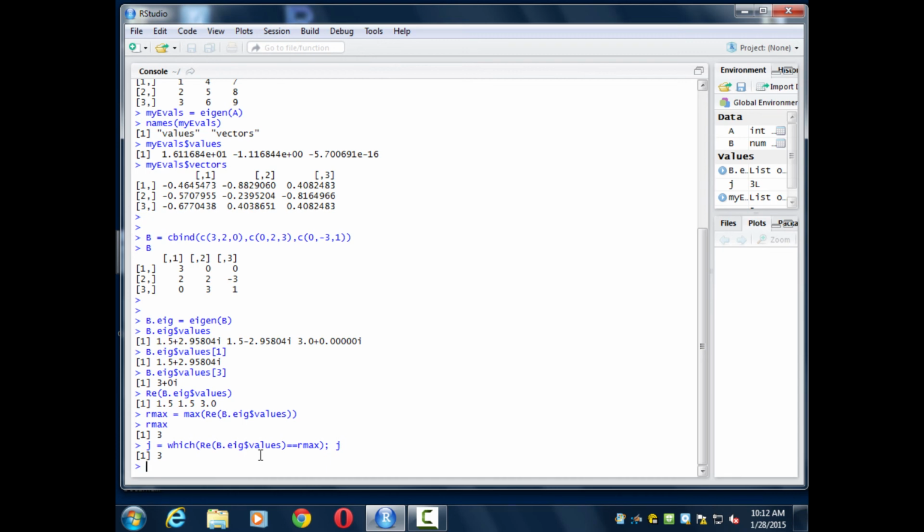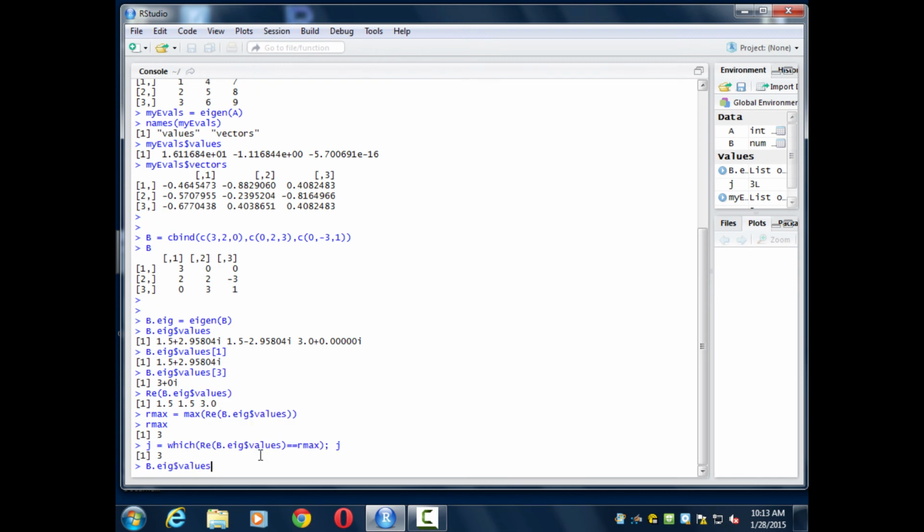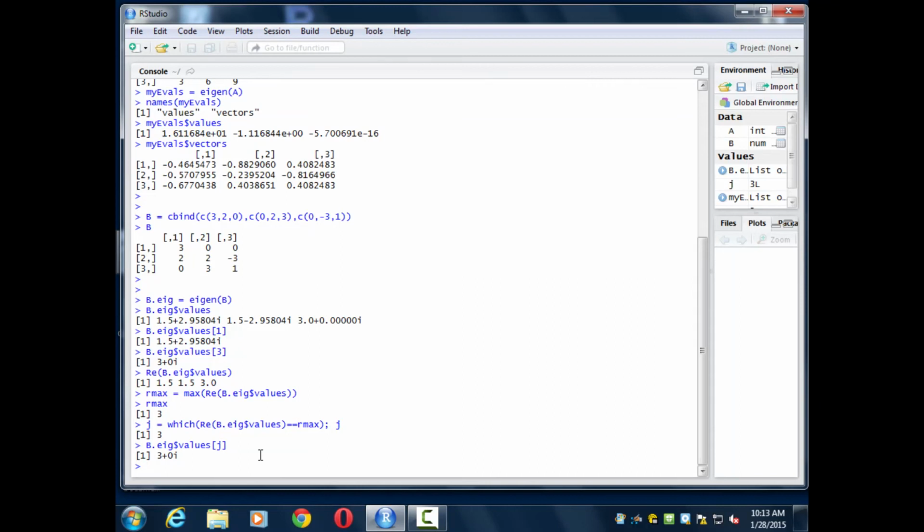Therefore, we can say something like, okay, so now B.eig values, and in square brackets here we put the letter j. This will be the eigenvalue corresponding to the one that has the largest real part.